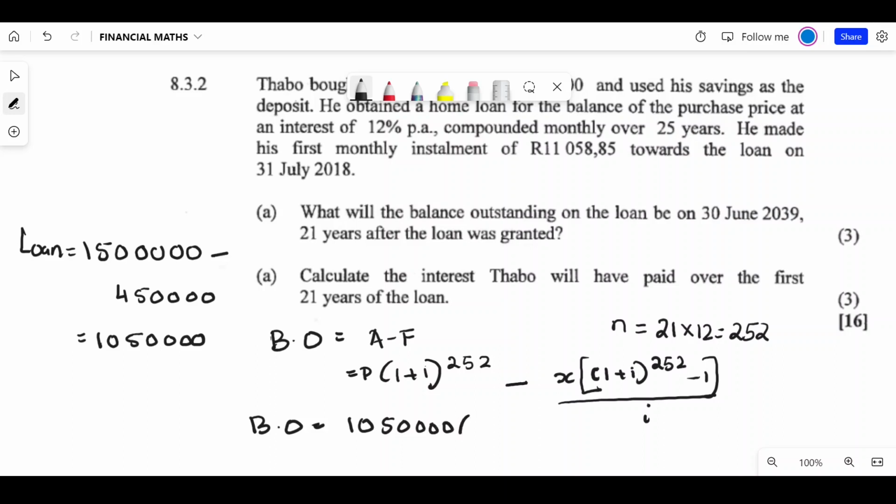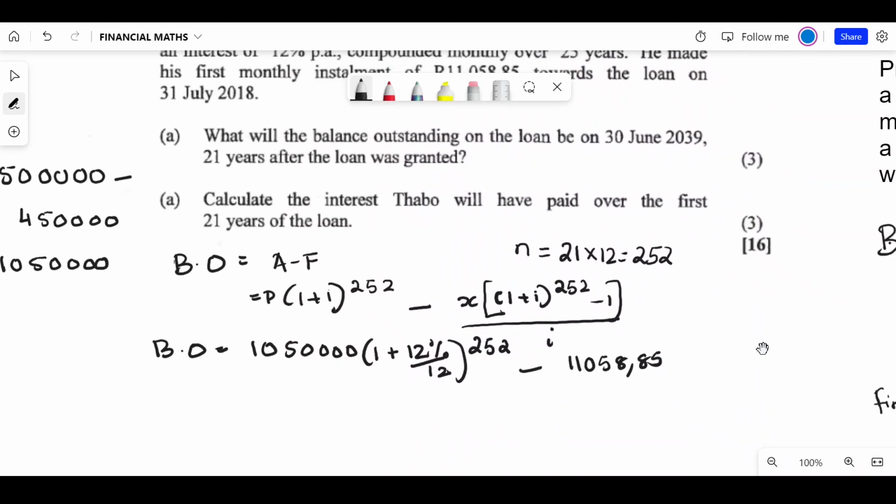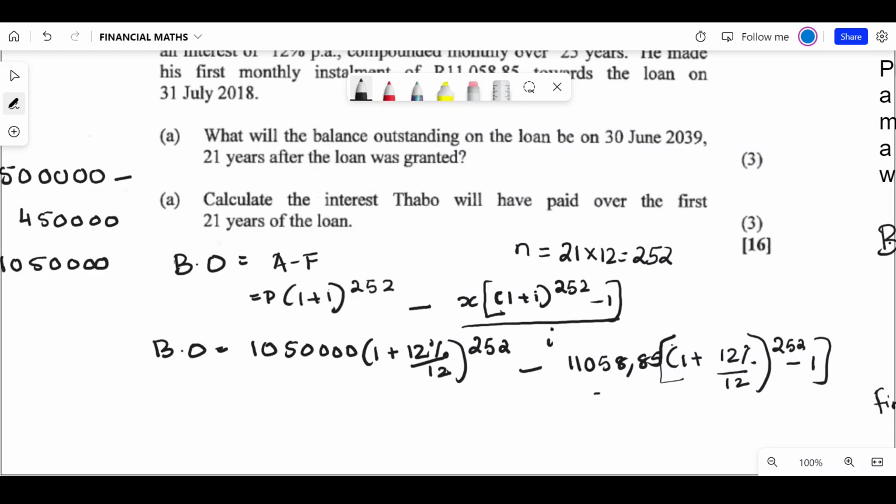1,050,000 times the interest rate was 12% compounded monthly for 21 years only, minus x, which is 11,058.85, times 1 plus 12% over 12 to the power 252 minus 1, the whole divided by 12% over 12.